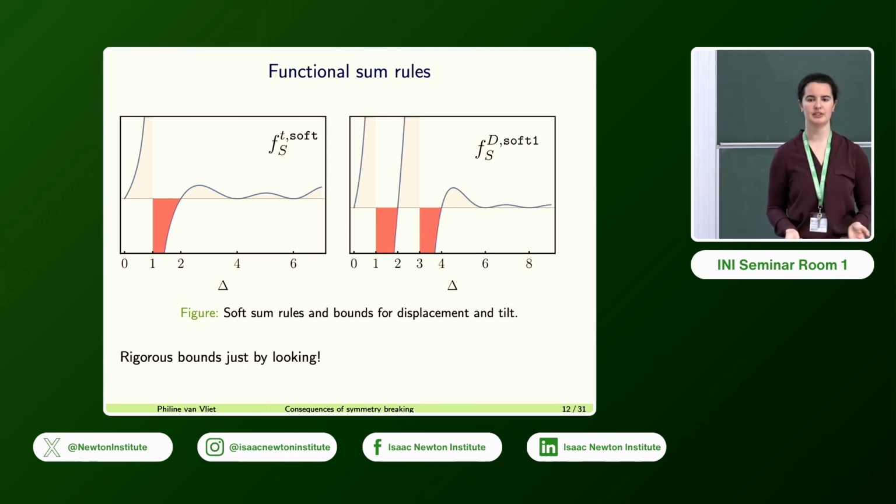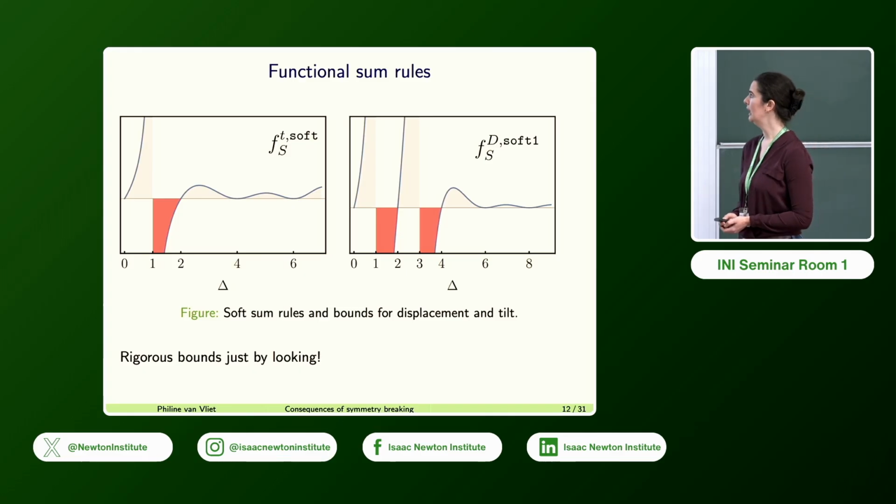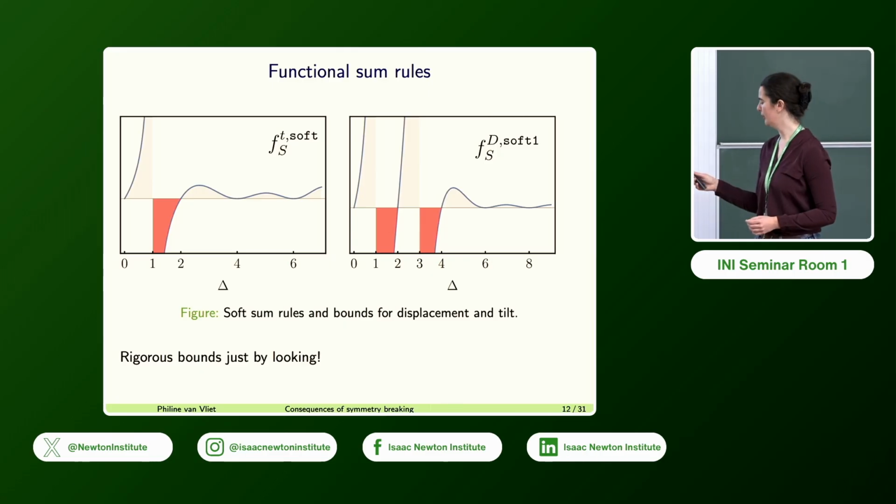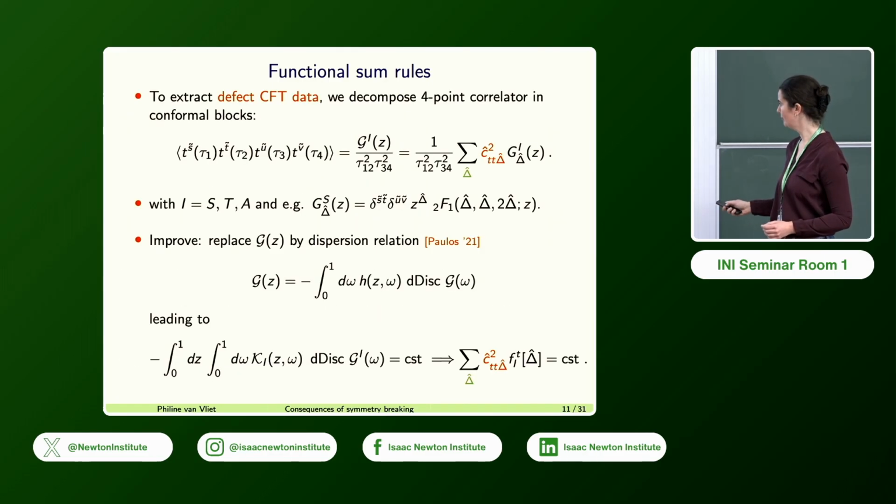There's something else very nice that we can now do, and that is derive some rigorous bounds on the operator spectrum just by looking. We saw that this sum rule should be equal to some constant or to 0, depending on whether we have the displacement or the identity. If we consider unitary theories, then as we saw before, all these OPE coefficients squared are positive.